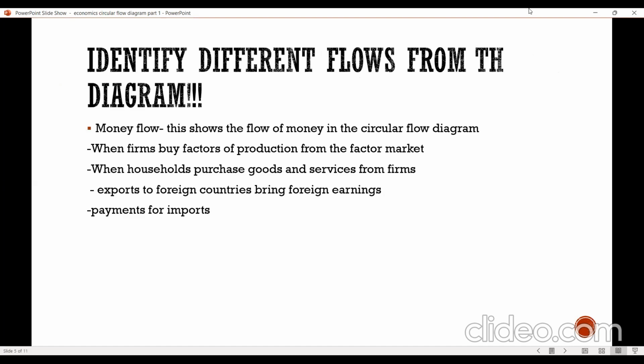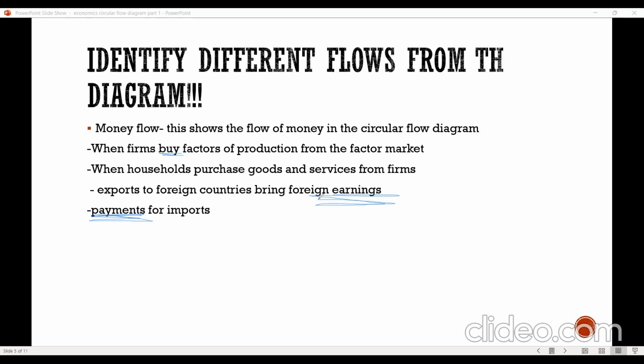Now, you know very well here, the flow of money deals with wherever we buy, wherever we make payments, wherever we make earnings. This is just simple. Wherever there is buying, that is a money flow.